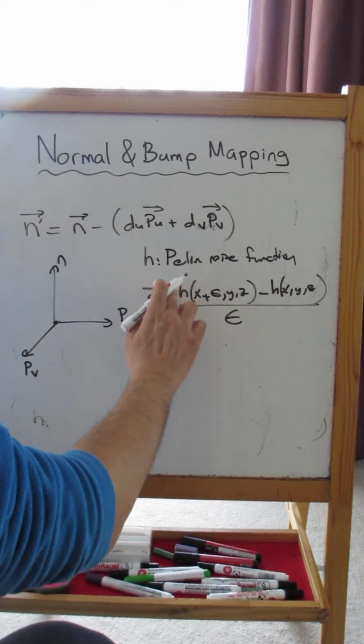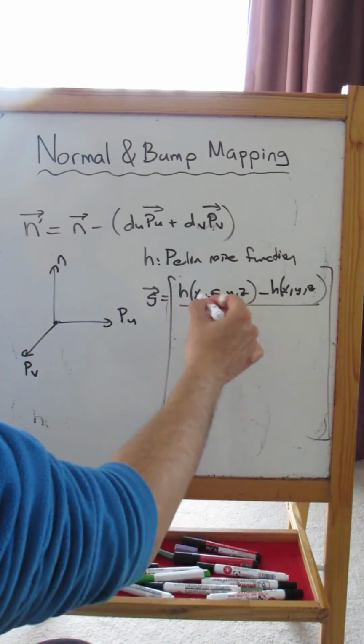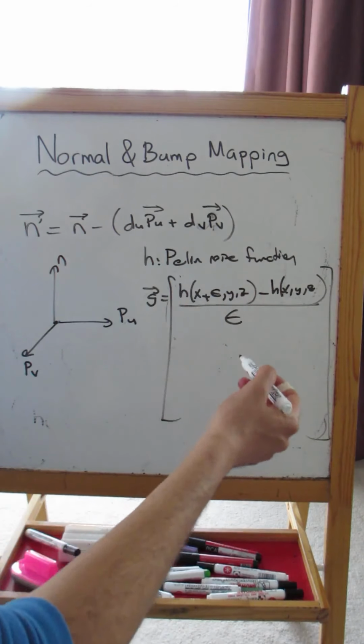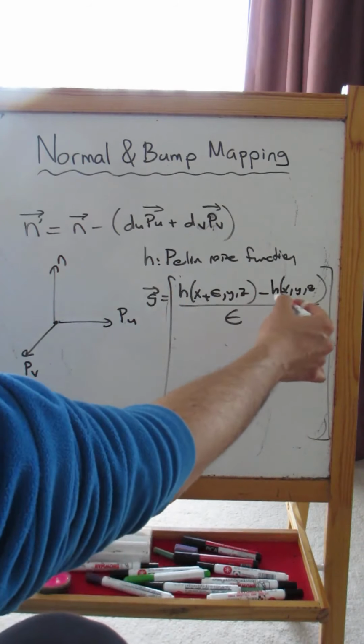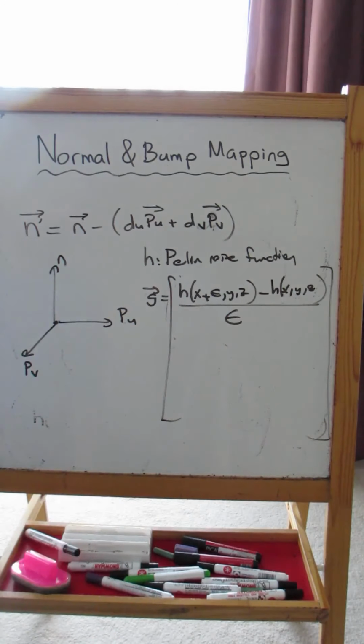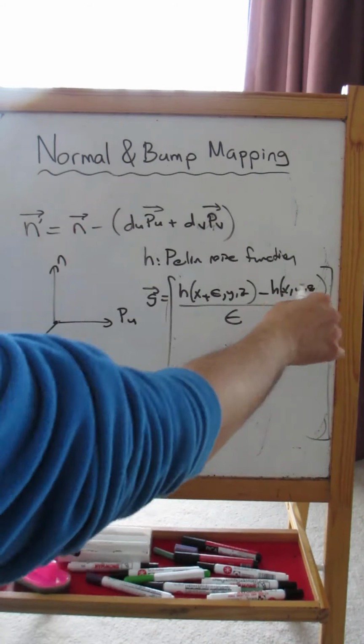So this is the x component. We have made a tiny change along the x direction and then subtracted the original value, and we divide by epsilon. So what is xyz? xyz is our intersection point. Our ray has intersected a surface, say a sphere or a triangle, at xyz.